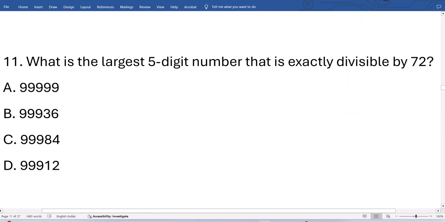Again I'm telling you, the options may be wrong, ignore that, but understand and focus on the concept. What is the largest 5-digit number that is exactly divisible by 72?